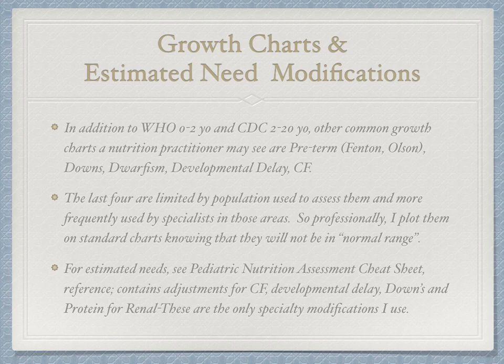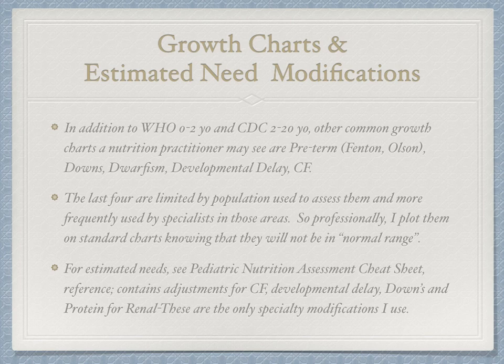For some modifications to estimated needs, see your nutrition assessment cheat sheet from week 1. This contains some adjustments for cystic fibrosis, developmental delay, Down syndrome, and then protein modifications for renal diets. I use these because the estimated needs for cystic fibrosis are so much higher than the general population needs, and for developmental delay and Down syndrome, they are generally lower than the general population needs.